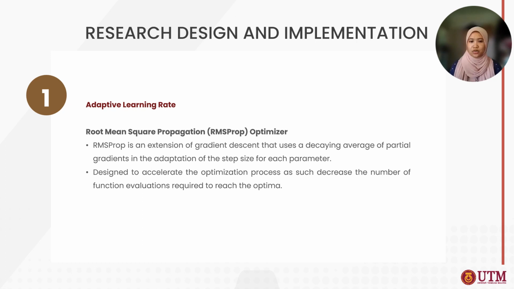The first optimizer that will be used is root mean square propagation, or RMSProp. It is an extension of gradient descent that uses a decaying average of partial gradients in the adaptation of step size for each parameter. It is also designed to accelerate the optimization process, as such decreasing the number of function evaluations required to reach the optima.